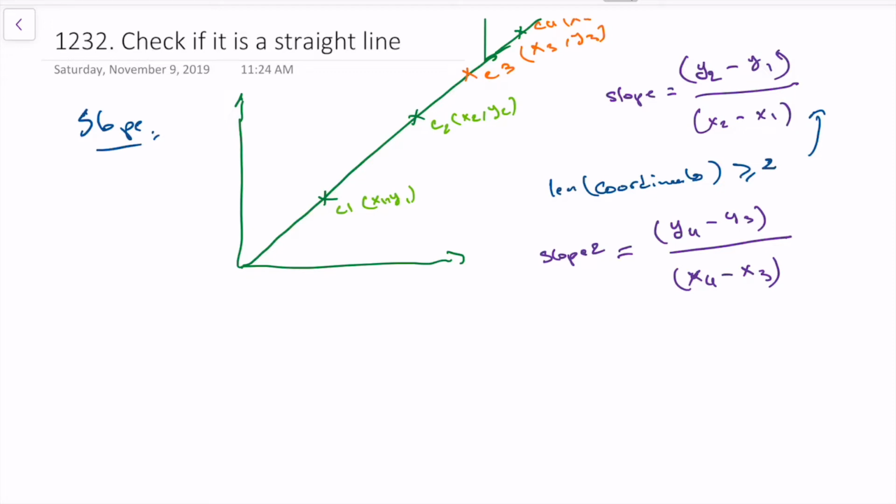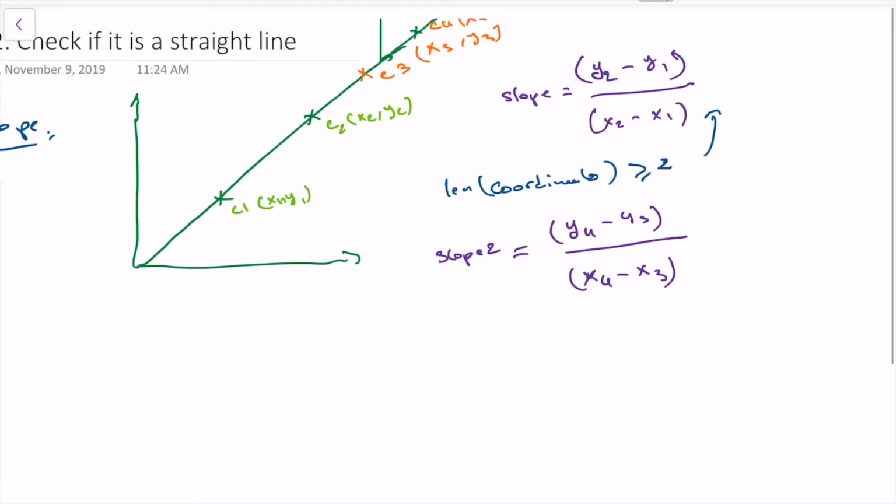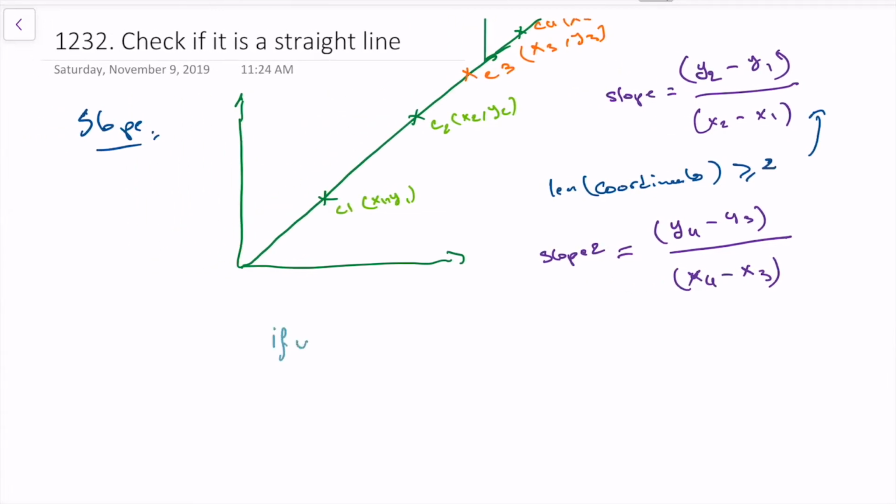And if we find any slope, by examining the other points other than C1 and C2, slope i, different than the original slope value that we computed for the first two points, at that point we can just return false, because that means they are not on the same line.